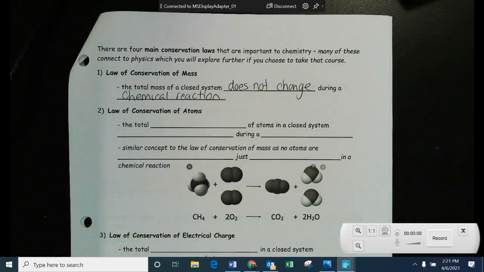So atoms are rearranged, but the overall mass doesn't change. So we saw in that closed system with the lid on, the zinc and the hydrochloric acid, the mass didn't actually change when there was a lid on.